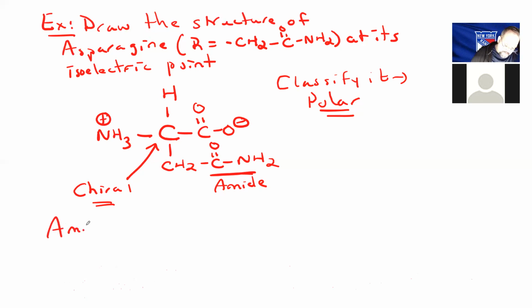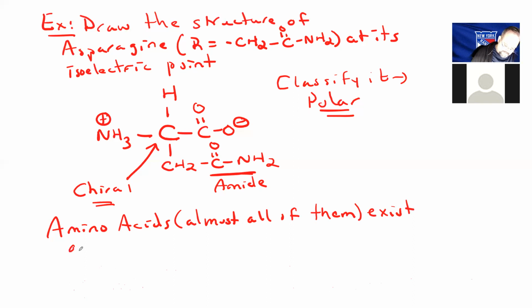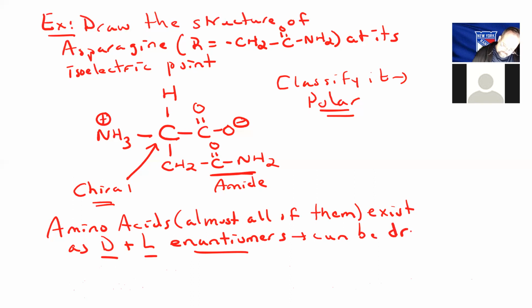Similar to carbohydrates, amino acids, almost all of them, exist as D and L enantiomers, and can be drawn as Fisher projections.